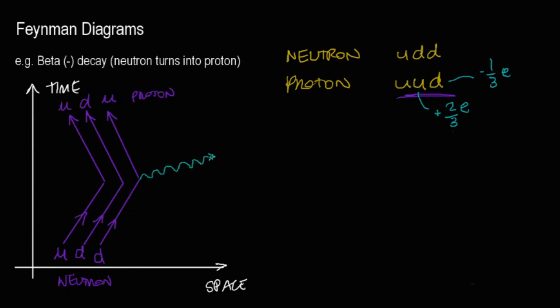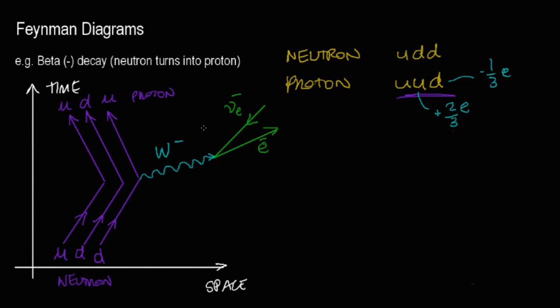So a boson here, in this case, since we do have some negative charge vanishing, this boson will have to be a negative boson. Now this guy, at some point, will then create the pair of our antineutrino and our electron.